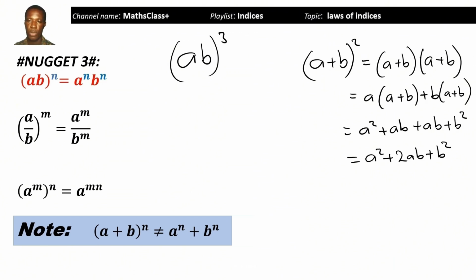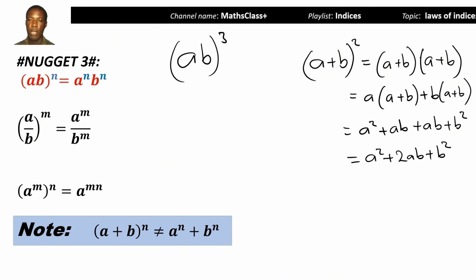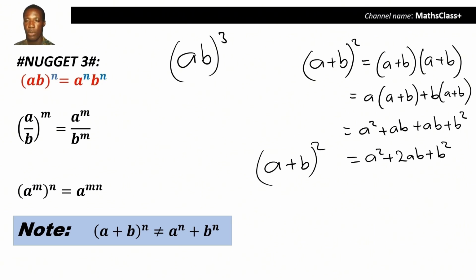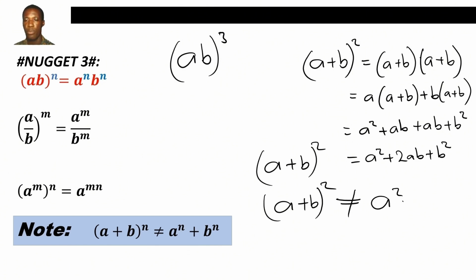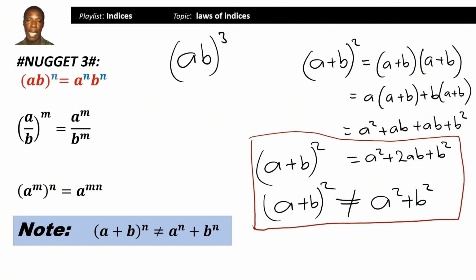So look at this result. Is it the same as a to the power 2 plus b to the power 2? No. So a plus b all to the power 2 is equal to this. It is not equal to a to the power 2 plus b to the power 2. They are not the same. So take note. So this law applies to two numbers, base numbers that are multiplying.